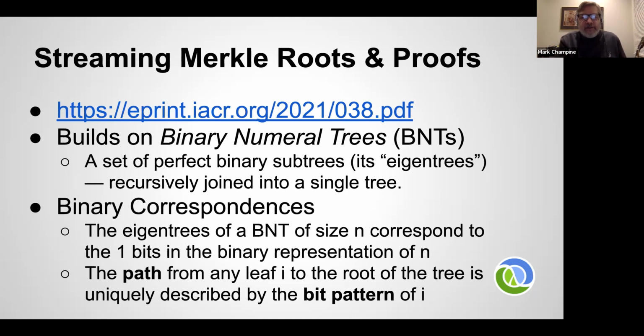So we'll see an example in a bit, but as you can imagine, say you have 4 leaves, and each pair of those is hashed together, and then each of those 2 is hashed together, you get a tree.